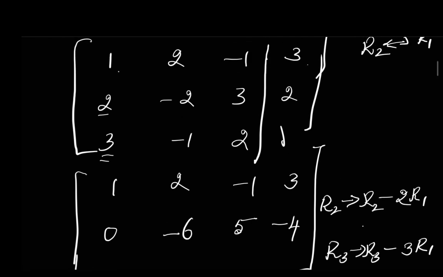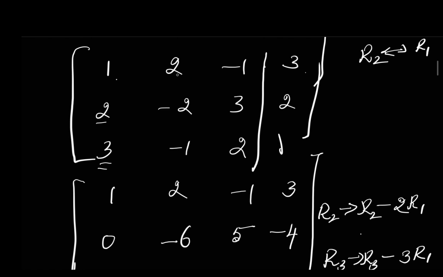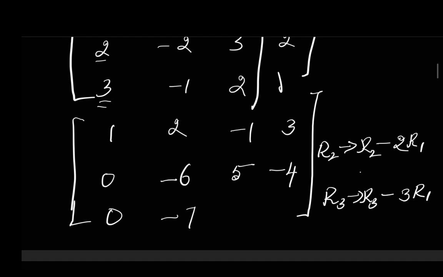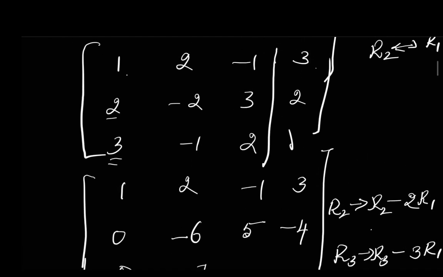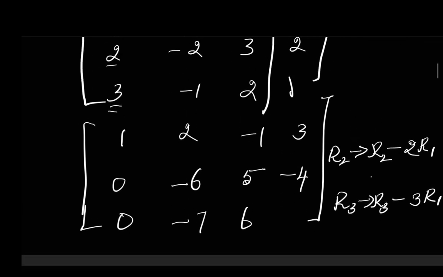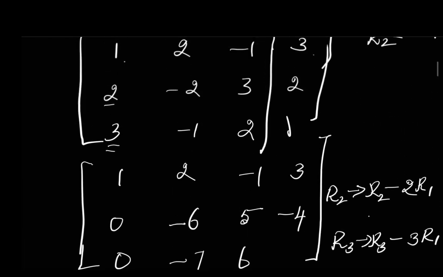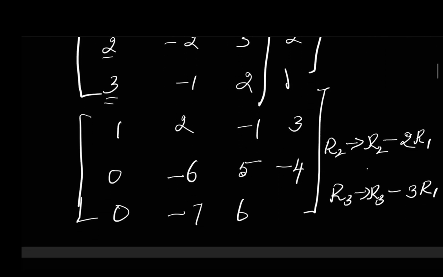So 3 minus 3 is 0. Then minus 1, R3 is here minus 1. Minus 1, 3 twos are 6. Minus 6 is minus 7. Then R3 is 2 here. 2 minus 3 times minus 1, plus 3.